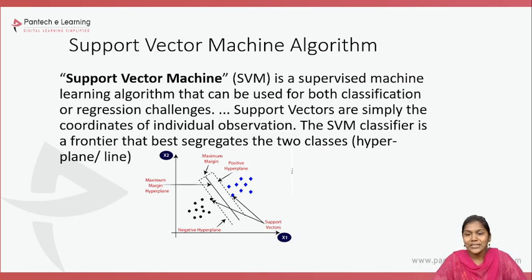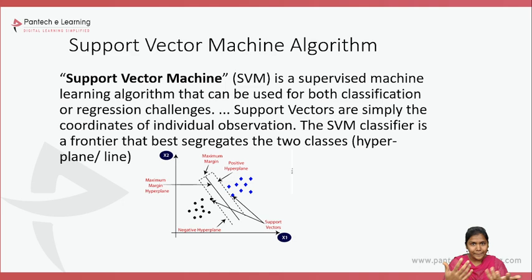These are simply the coordinates of individual observations. The SVM classifier is a frontier that best segregates the two classes, a hyperplane or line. In simple terms, the SVM algorithm is applicable for both classification as well as regression type of problem statements.